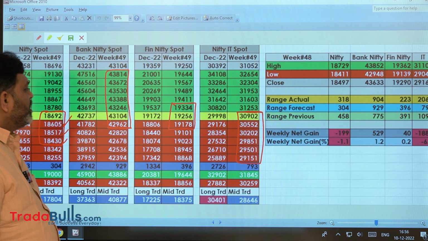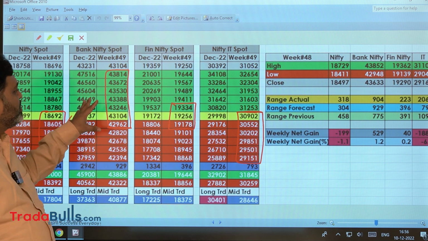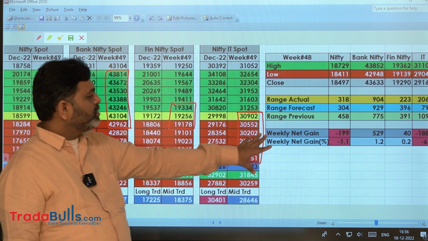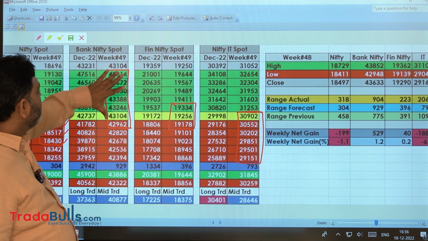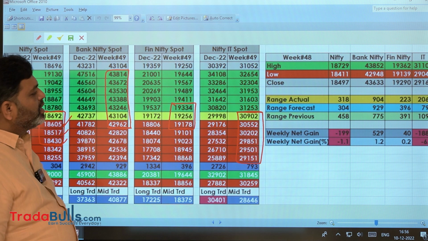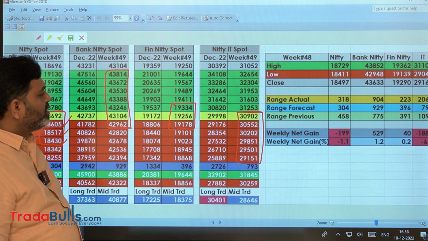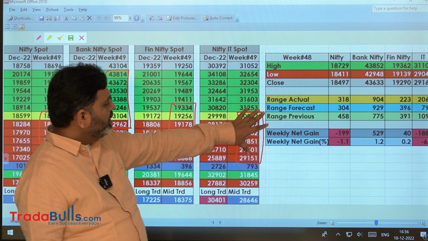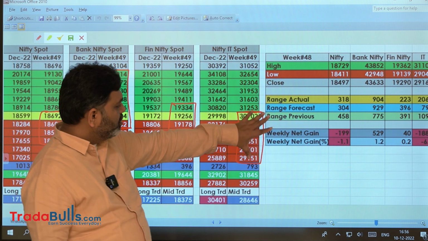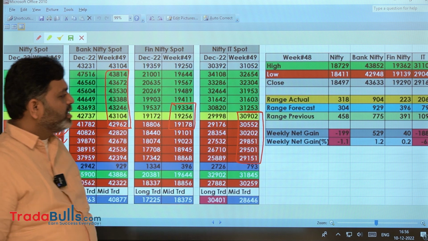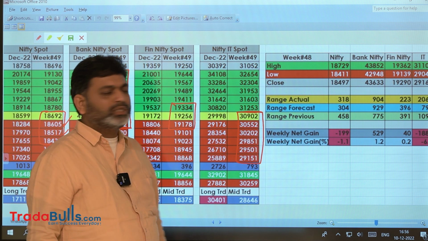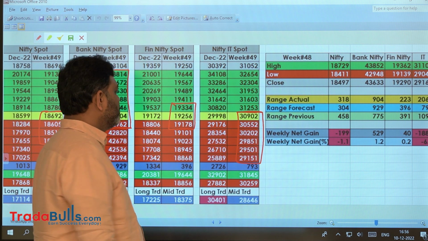Here we need to talk about two major indices, Bank Nifty and IT. Bank Nifty cleared all green zones and reached about 1.2% net profit. In IT, all red zone values were cleared, indicating a minus 6.1 percent loss.